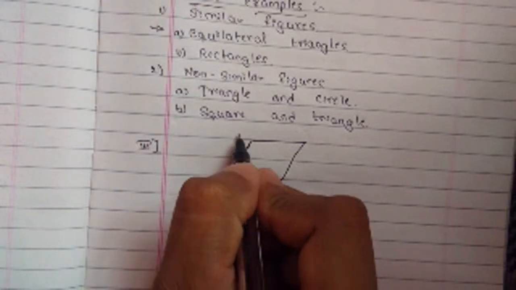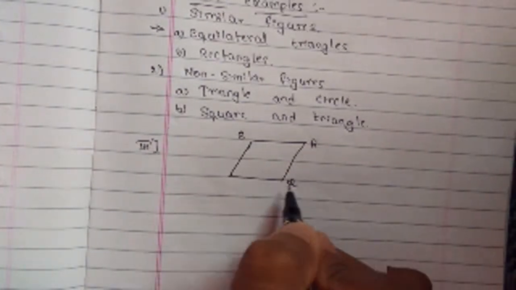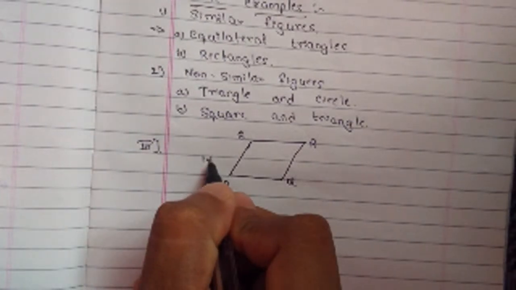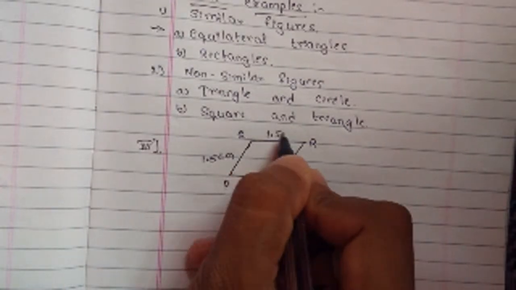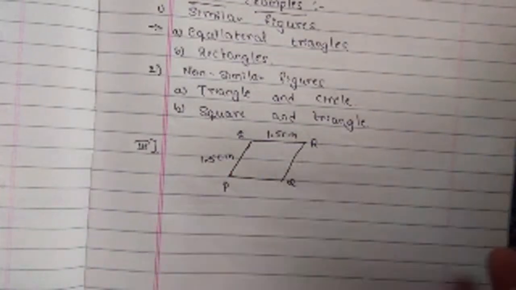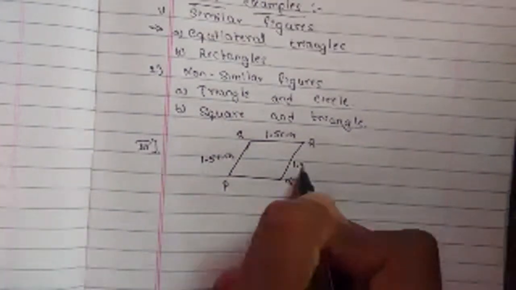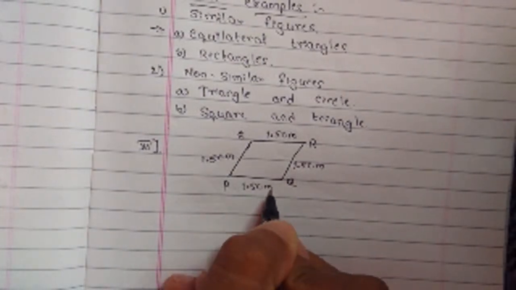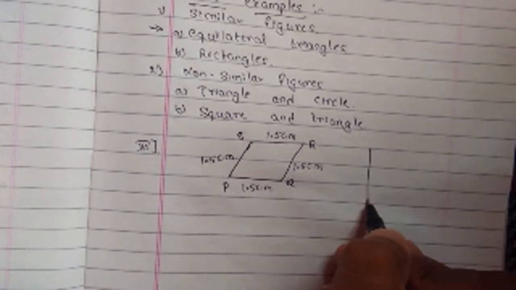The vertices are S and P. So this is 1.5 centimeter, this is 1.5 centimeter, and RQ is again 1.5 centimeter and PQ is again 1.5 centimeter.